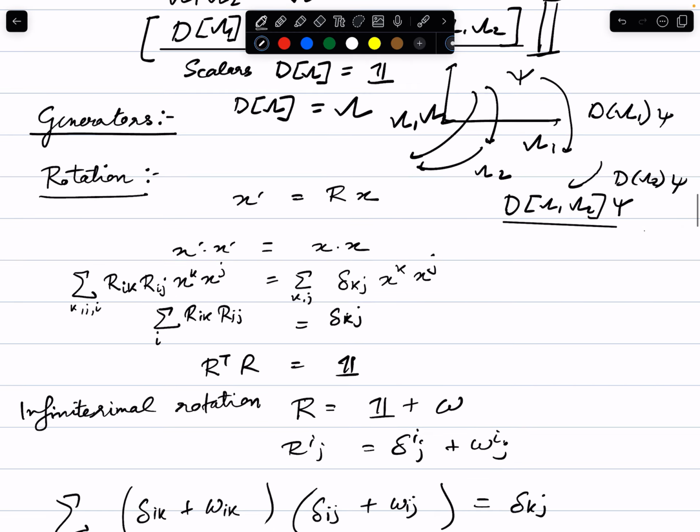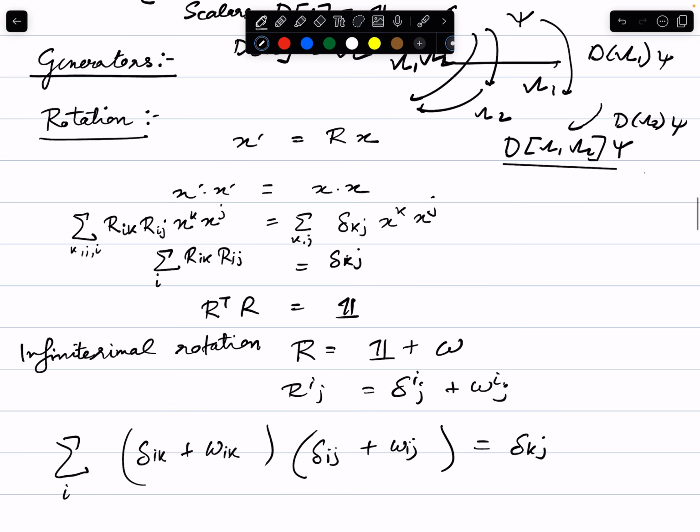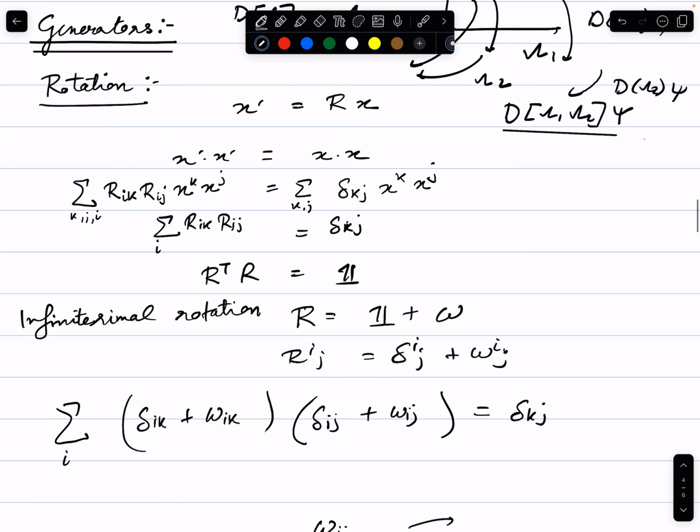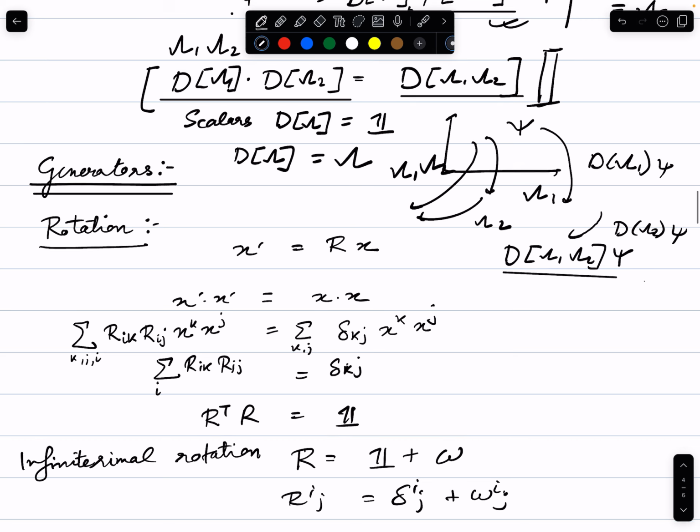Before I can talk about that, I have to talk a little bit about generators of transformations. Have you encountered generators of transformations before? Okay. So very briefly, to give an example of rotations, let's say R is a rotation matrix.